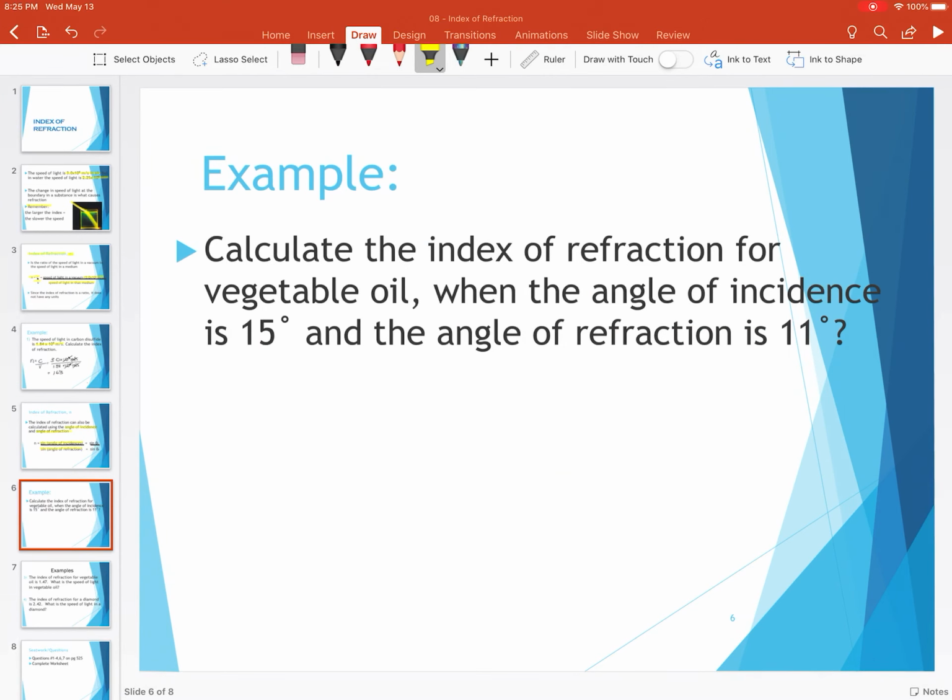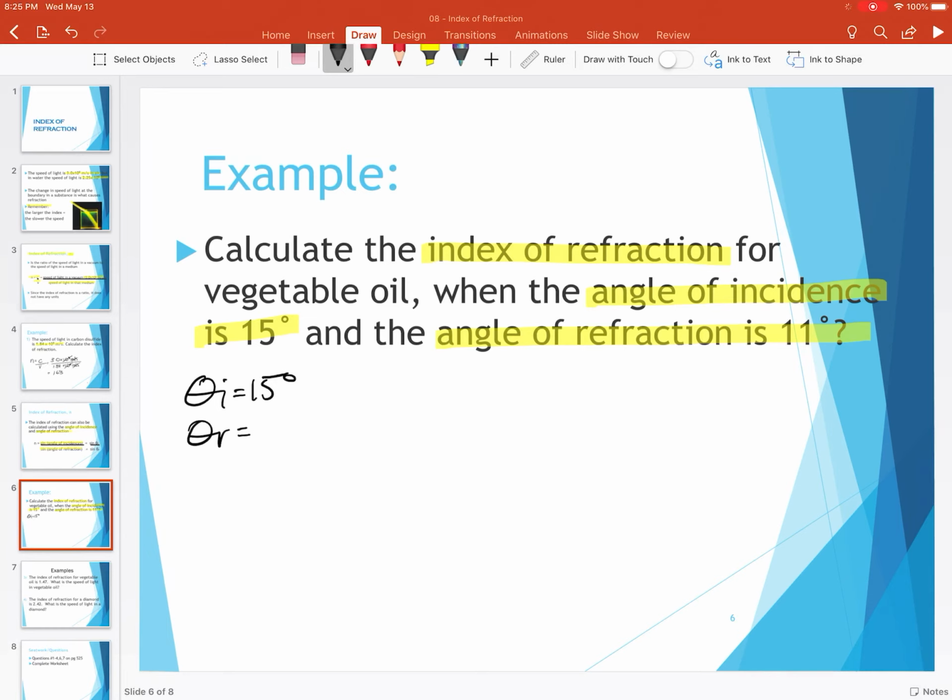So if we go through an example here, again, we want to calculate that index of refraction, and we know that the angle of incidence is 15 degrees, and we know the angle of refraction is 11 degrees. So if we were to write this out, our angle of incidence is 15 degrees.